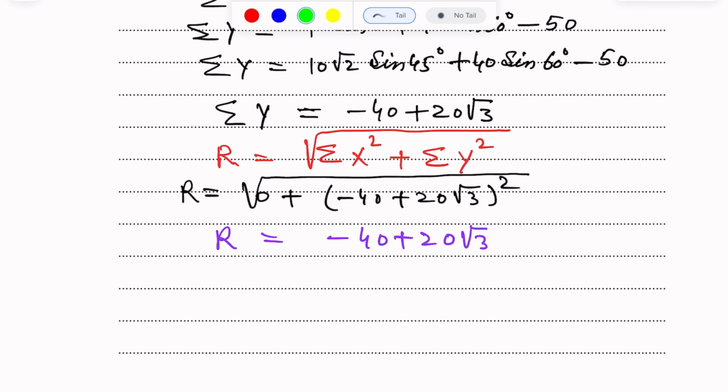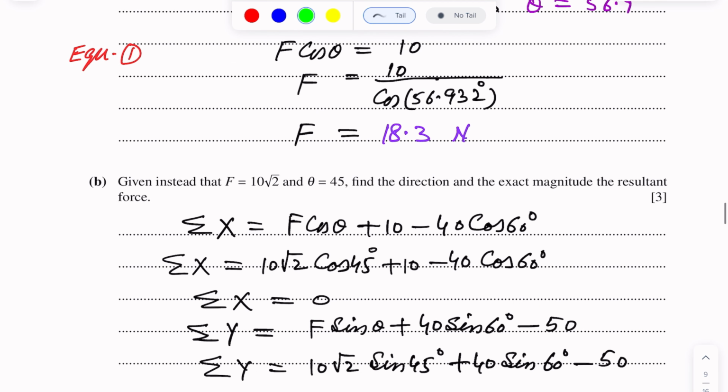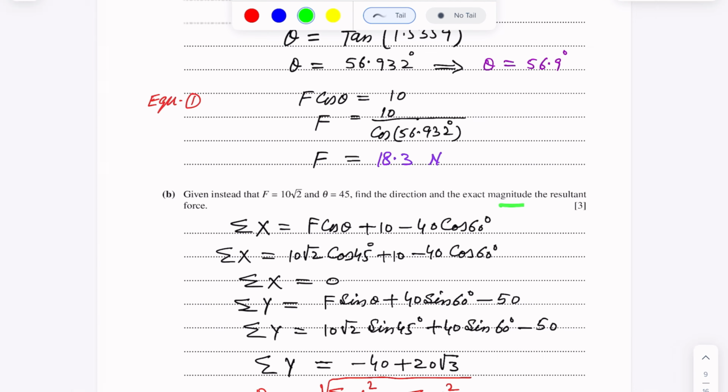But if we check this figure in decimal places, we get a negative value, and r can never be negative because we have to find the magnitude of the resultant.